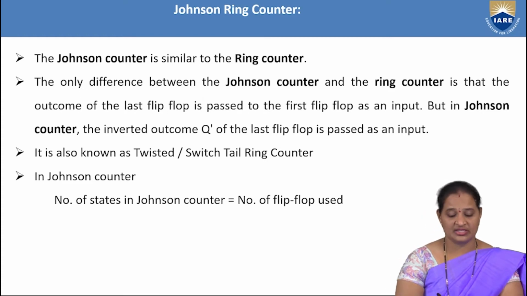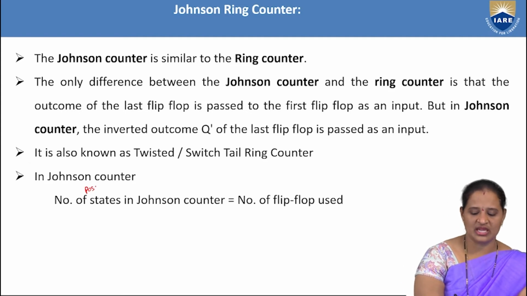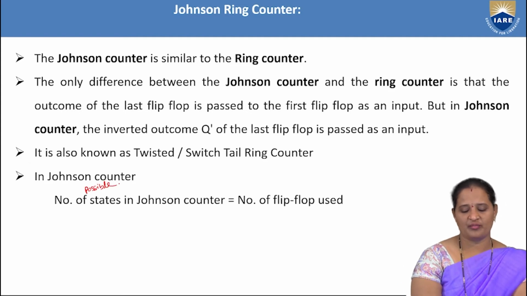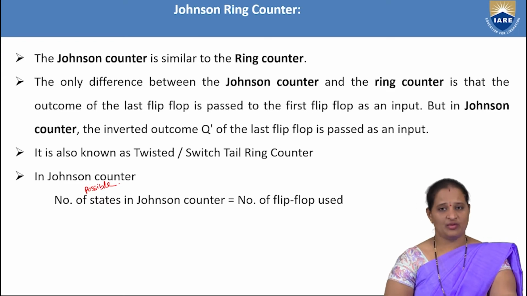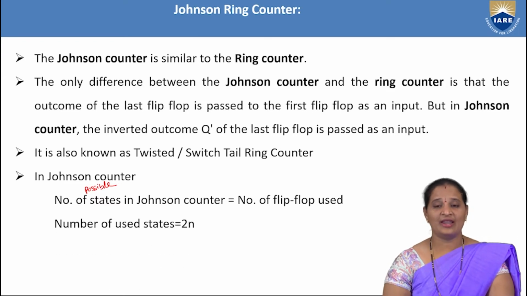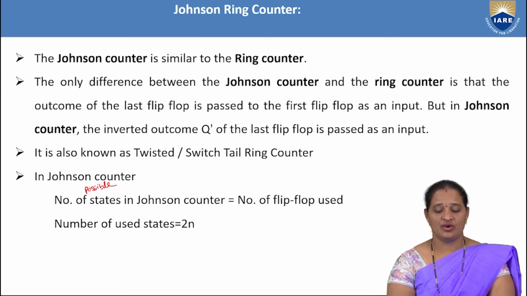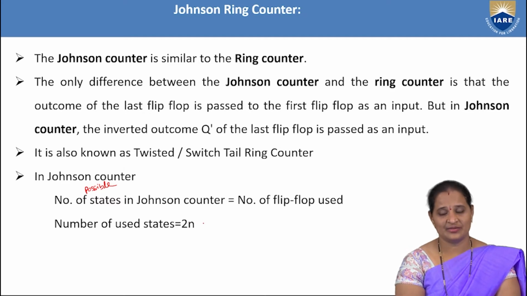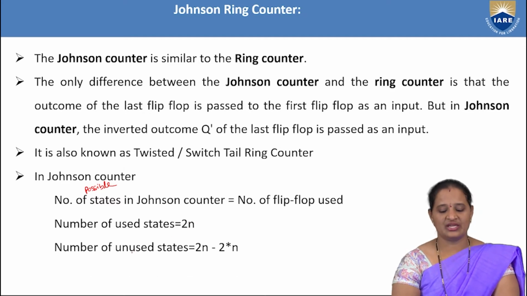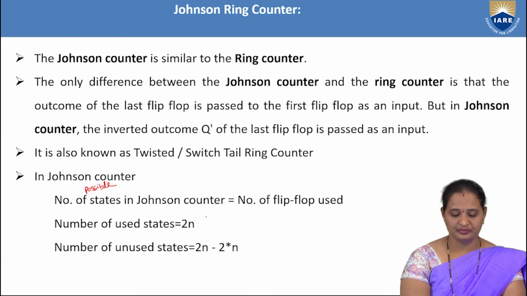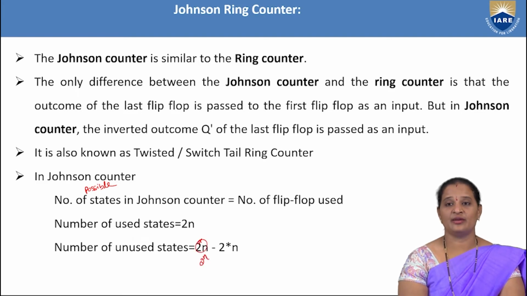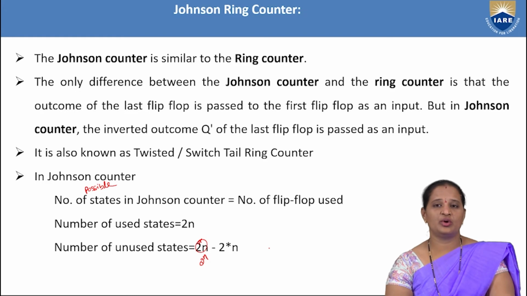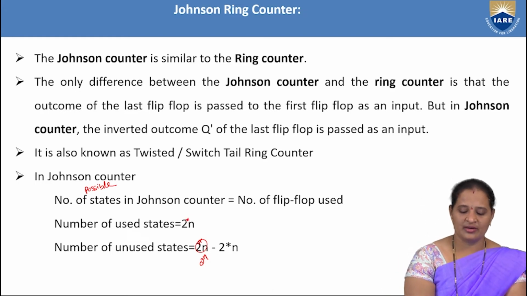In that we can use 2 into n states, whereas the unused states are 2 power n minus 2 into n.